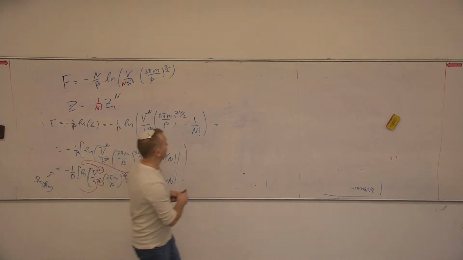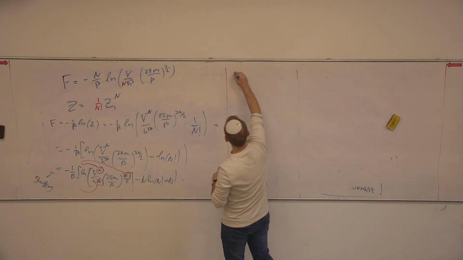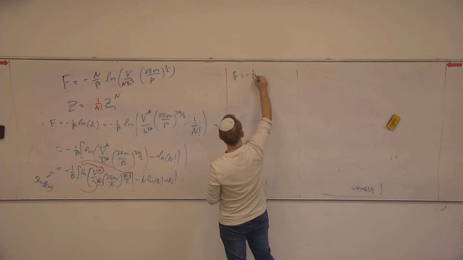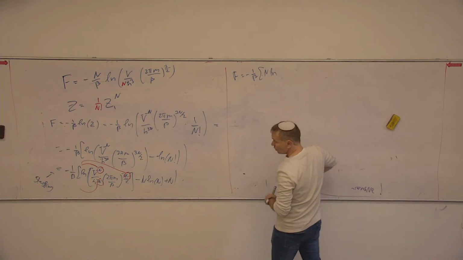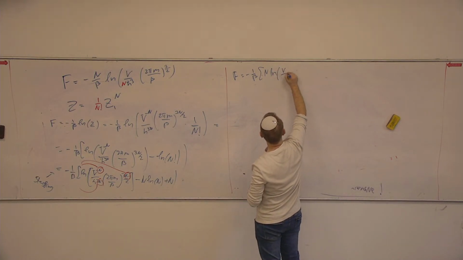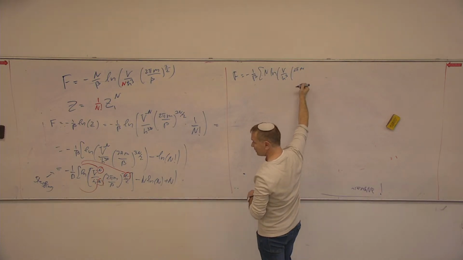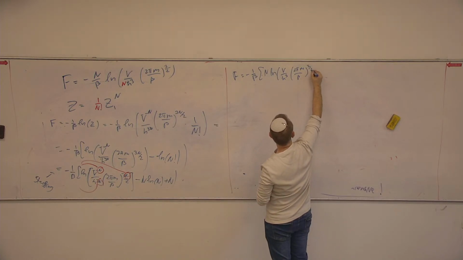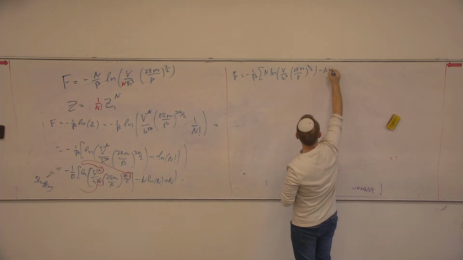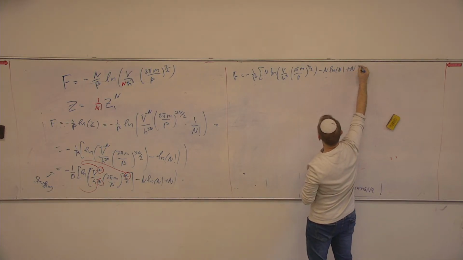And we obtain that the free energy is minus 1 over beta, n log, where inside is v over h to the 3, 2 pi m divided by beta to the 3 halves, minus n log n plus n.